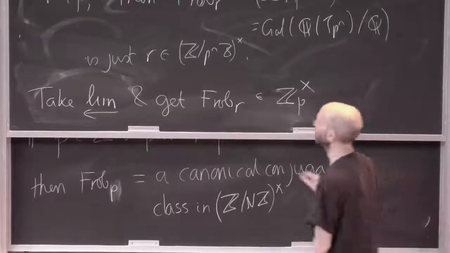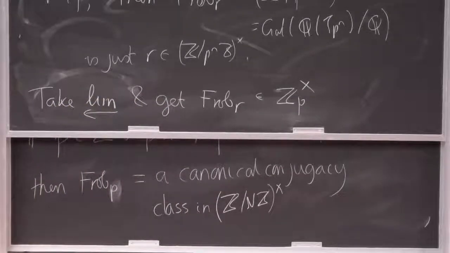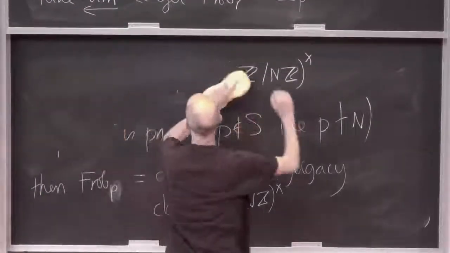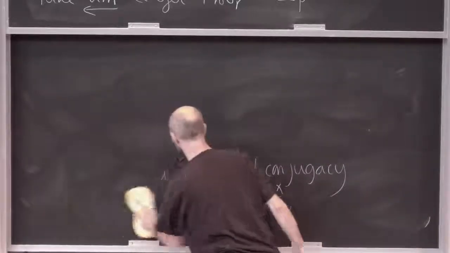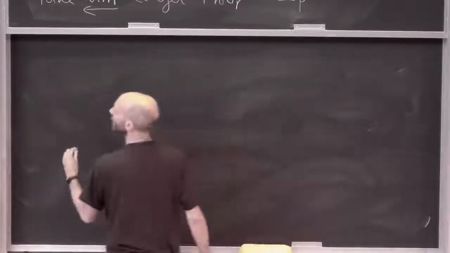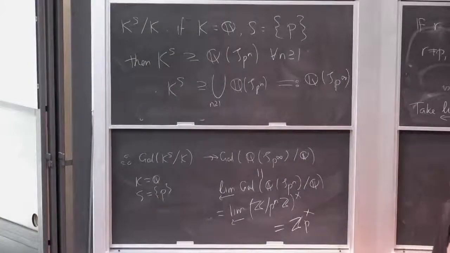Because do you see what's just happened: this is an infinite Galois extension, but I've still managed to come up with a Frobenius element anyway. And that was something we didn't have before. So in particular, in this quotient here, this is an infinite extension, but we have Frobenius elements.